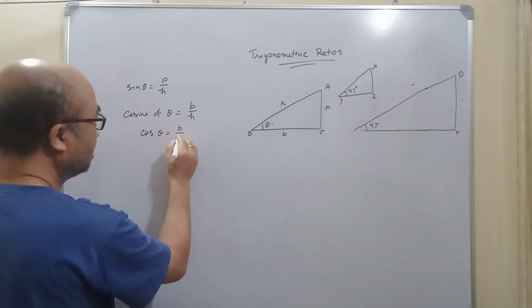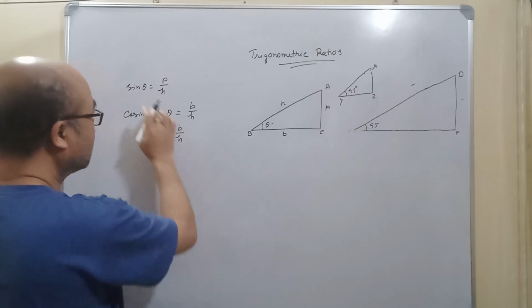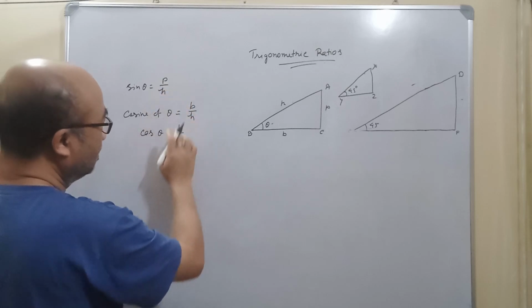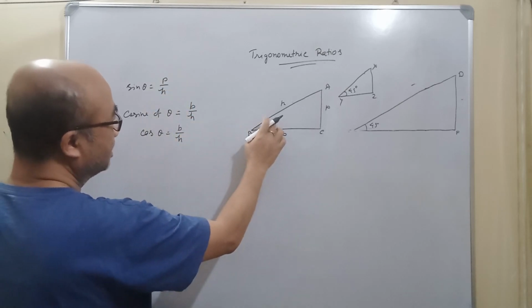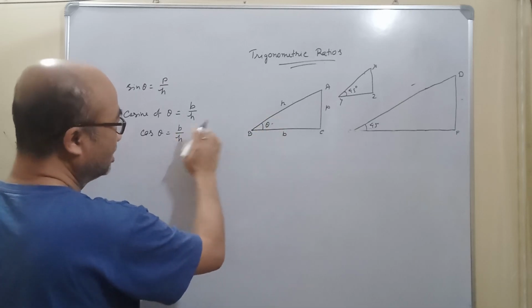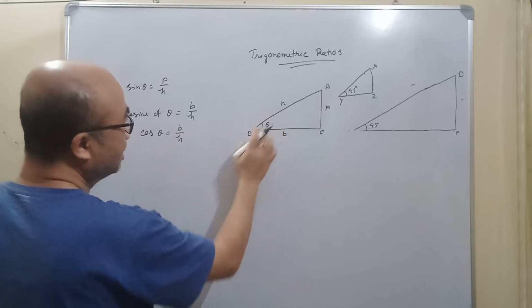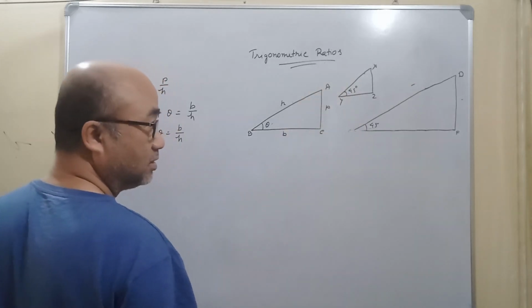Similar to sine theta, this ratio is also a function of theta. The ratio remains constant as long as theta is constant. It will change when theta changes, irrespective of the size of the triangle.